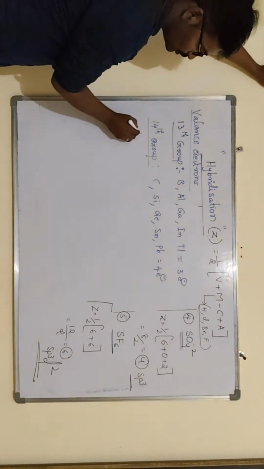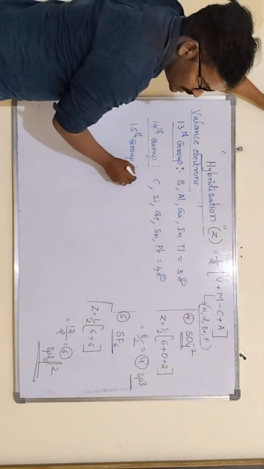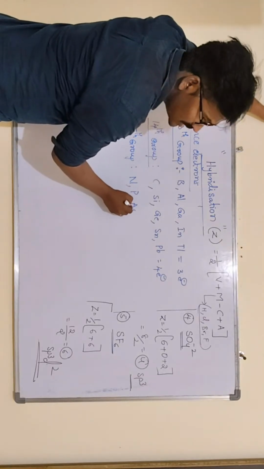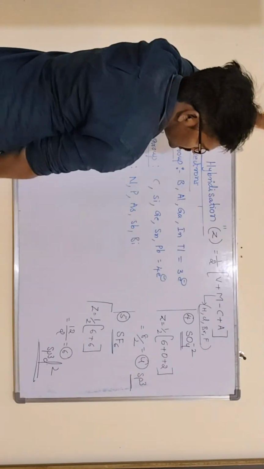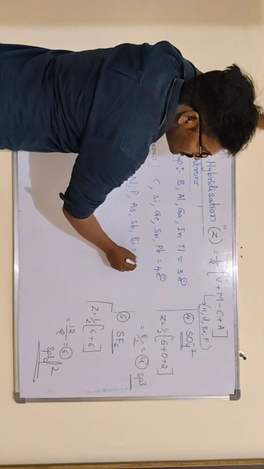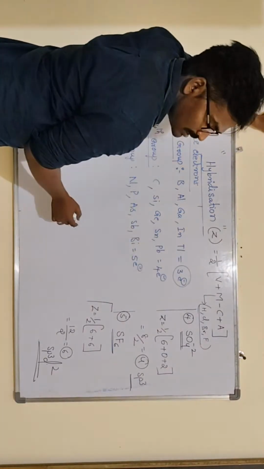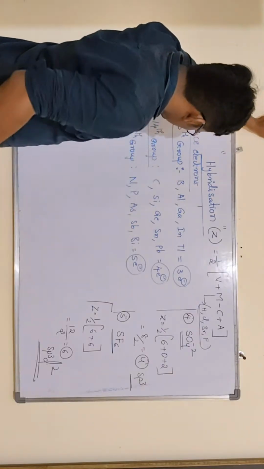Then 15th group elements such as nitrogen, phosphorus, arsenic, antimony, bismuth. For these, 5 valence electrons. 13th group 3 valence electrons, 14th group 4, 15th group 5.